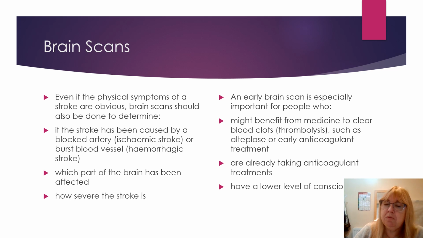And it's really important if people are already taking anticoagulant medications, that could have caused the bleed if maybe they haven't been working that well. Or if someone's unconscious, you really need to see what's going on, so a brain scan's important. The present recommendation is that they have to have a brain scan within an hour of being admitted to A&E.